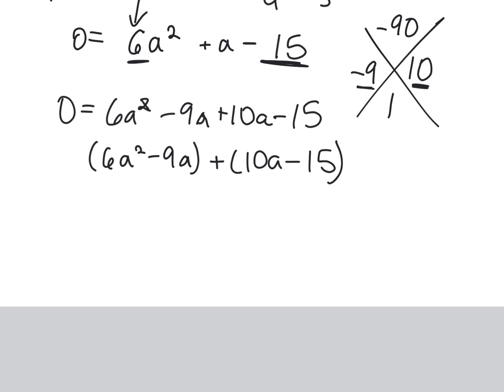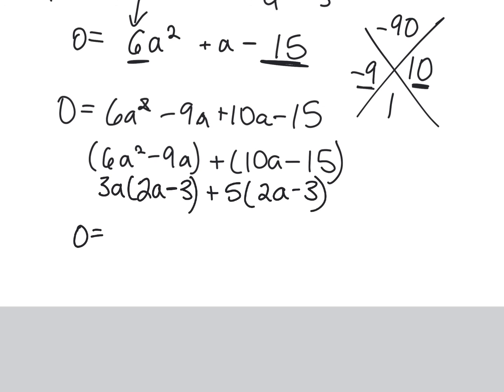What's the GCF? 3a, and when I take that out, what's going to be left? 2a minus 3. 10a and 15 both have a 5, and what's going to be left? 2a minus 3. So my final two factors are 3a plus 5 and 2a minus 3.